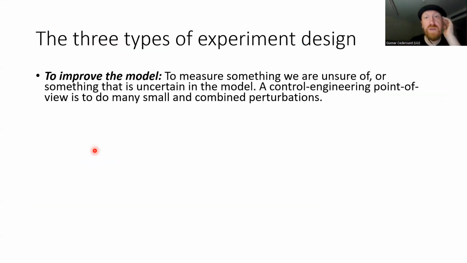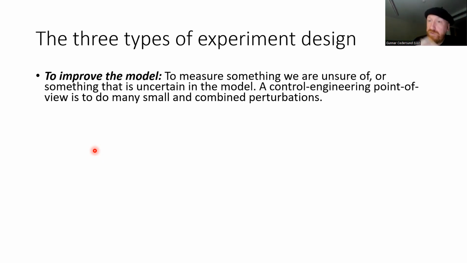Okay, fine. So let's dive a little bit more into this. If the model is too unreliable or too uncertain and you want to improve it, then you should measure something that corresponds to the left of the previous plot, where it's as uncertain as possible.